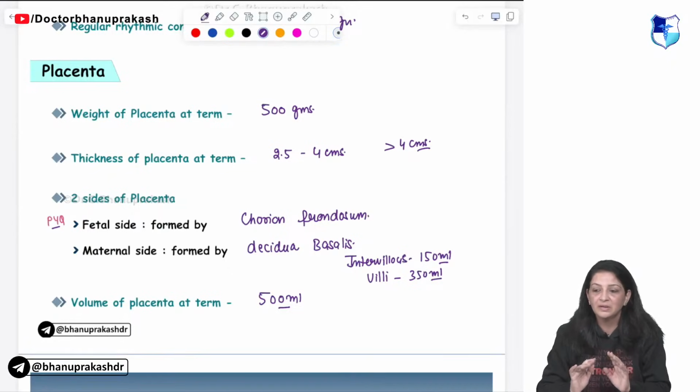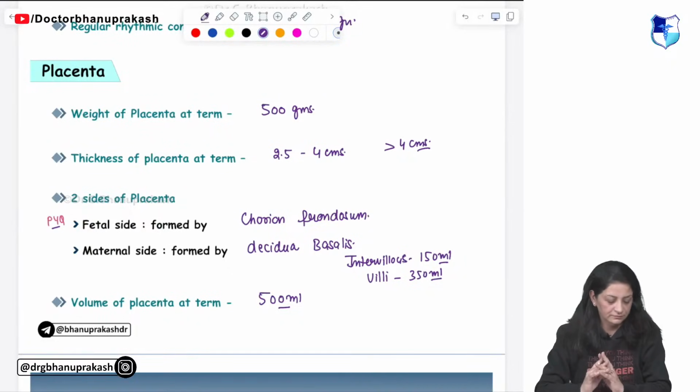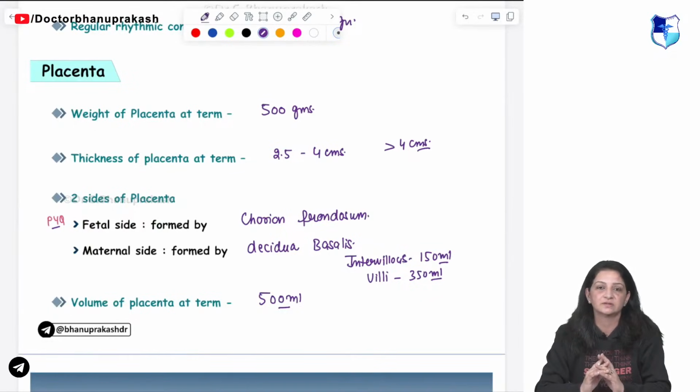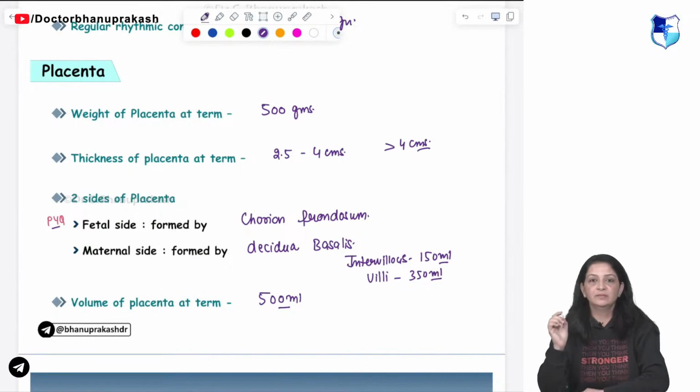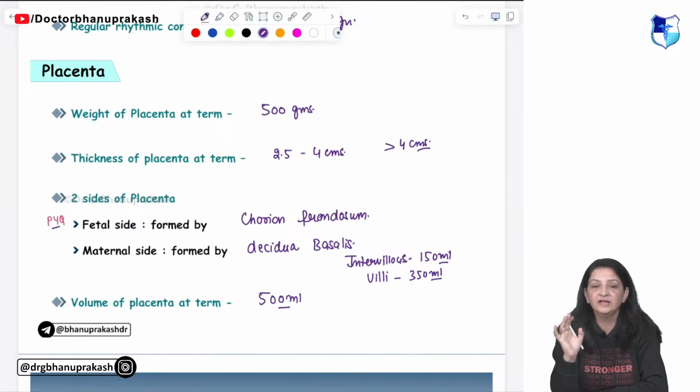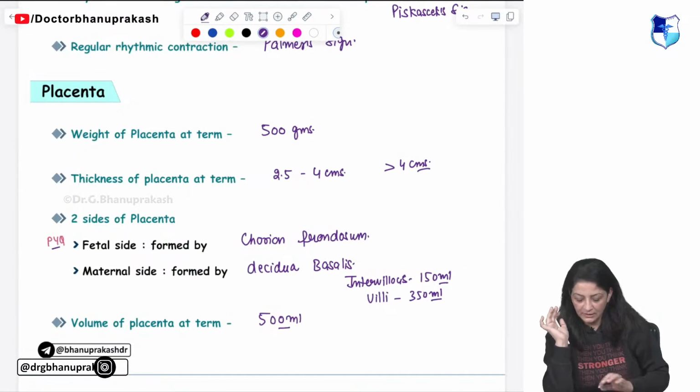Highly vascular, but there is no mixing of blood, only exchange of oxygen and nutrients. What is the reason? The placenta is composed of fetal and maternal blood but they do not mix because of the placental barrier.